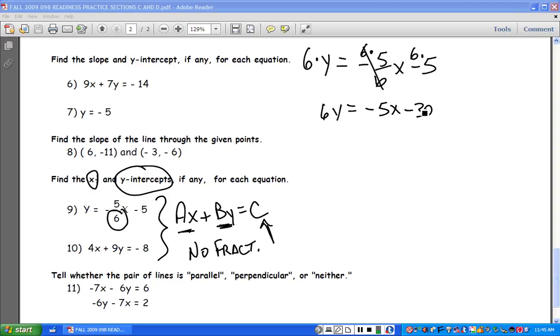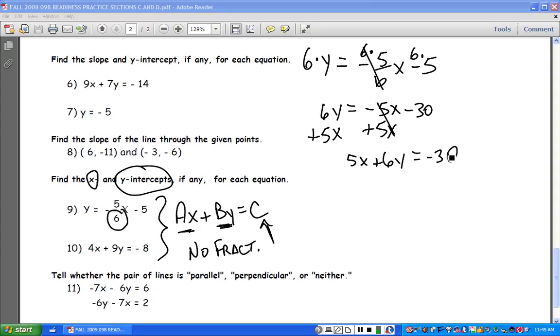Okay, so now I've gotten rid of the fractions. So now once the fractions are gone, I can move my x over here with my y. So my equation is in form.